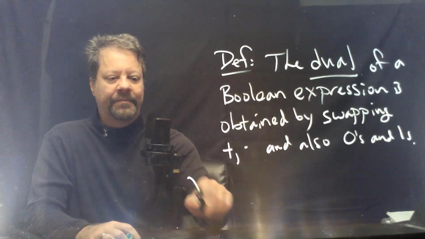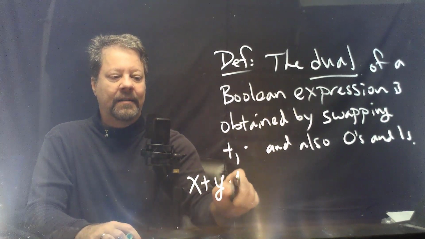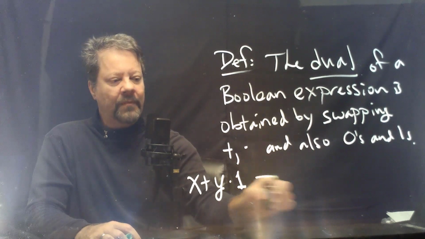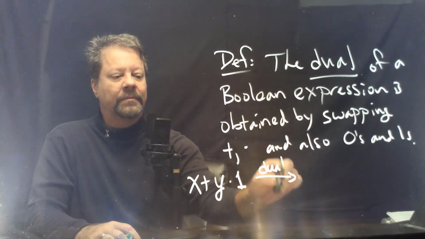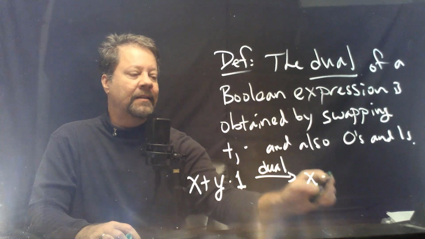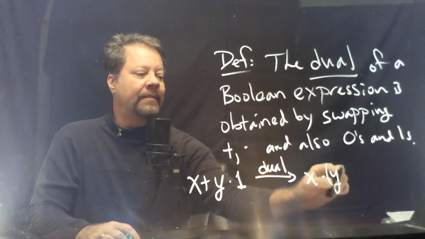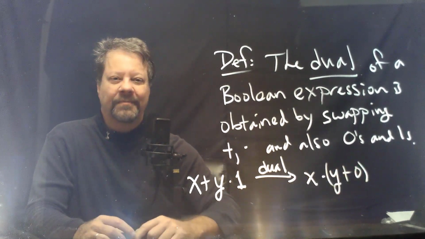For example, x plus y times 1. Its dual is x times y plus 0.